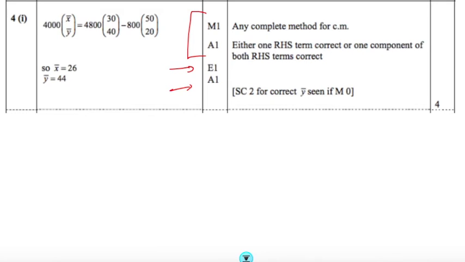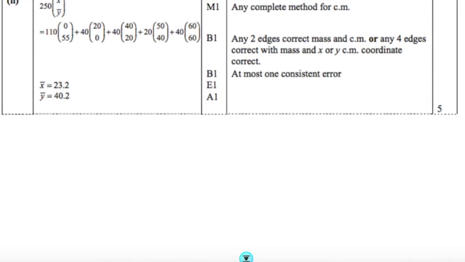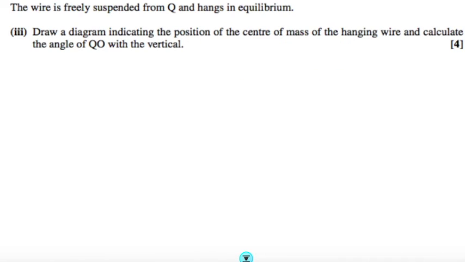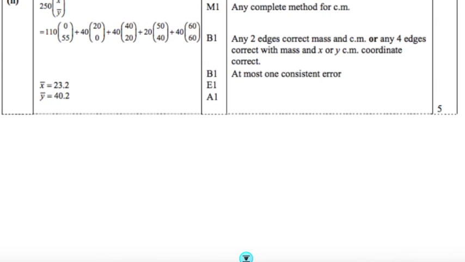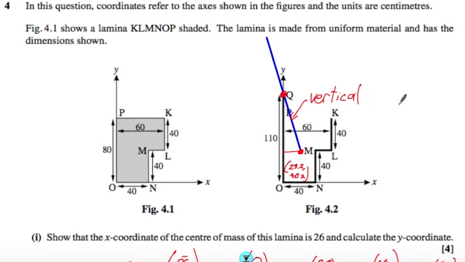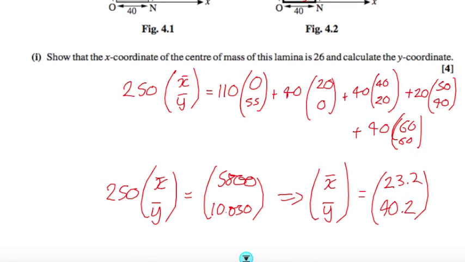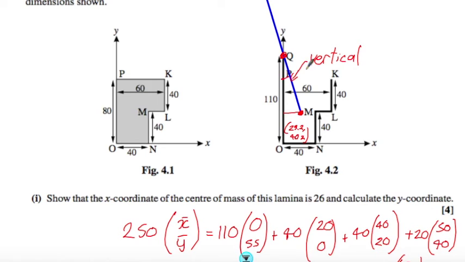They also want to know the angle of QO with the vertical. So in other words, this angle here. I'm just going to draw another diagram there to be a bit clearer. So here's Q, here's the angle we're trying to find, let's call it theta.